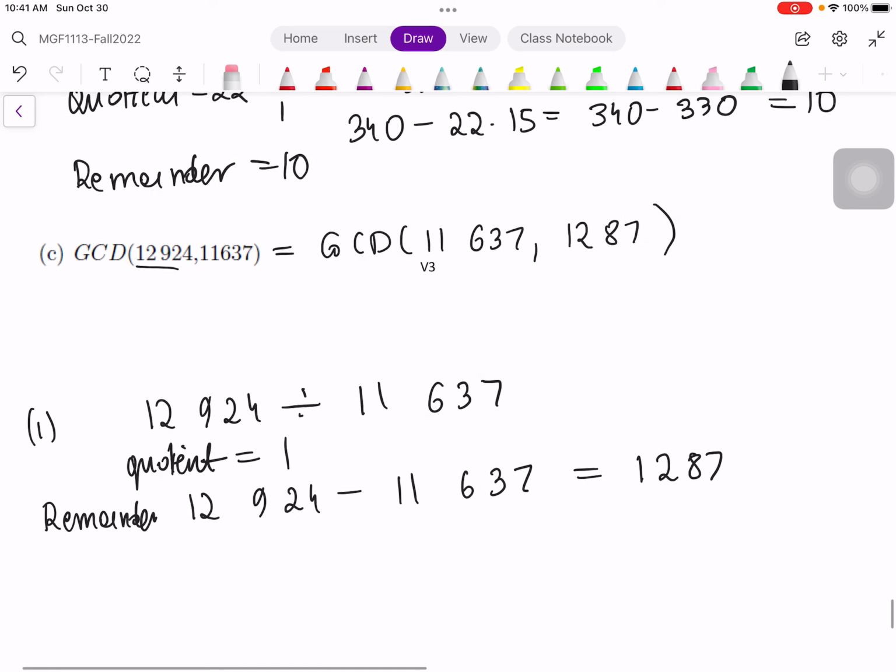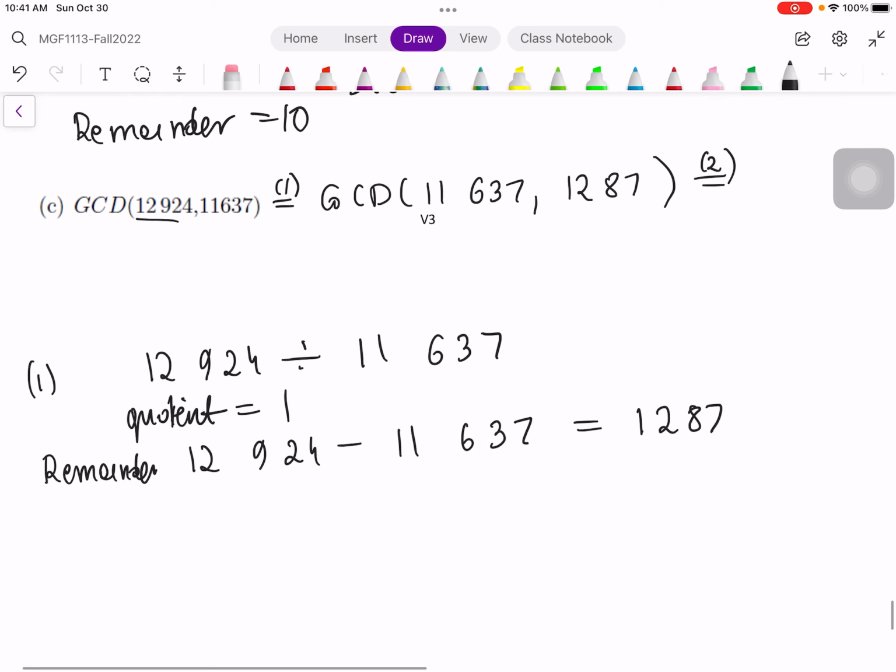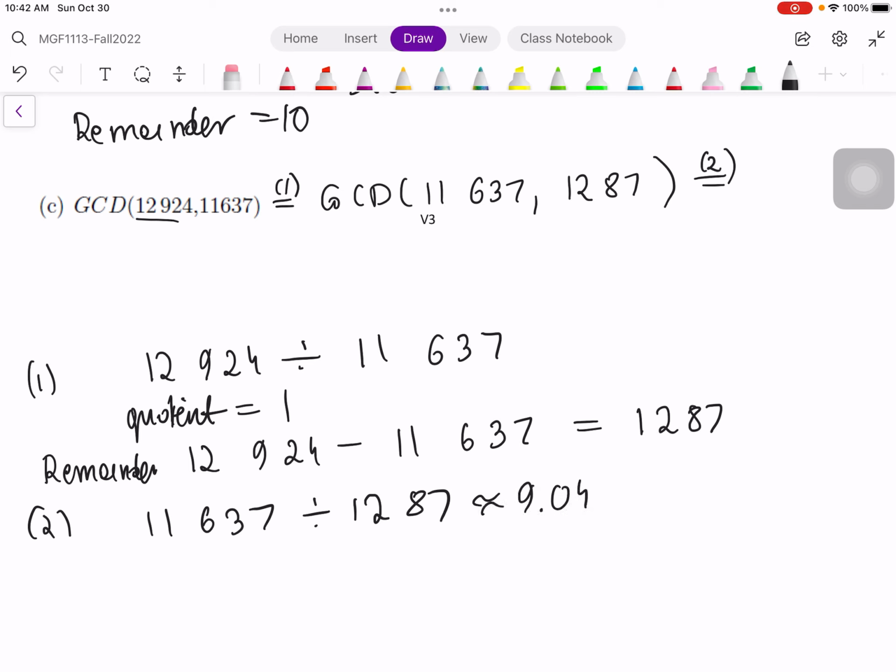So then you repeat the Euclidean algorithm. Now you need to do the division of 11,637 by 1,287. You can do it on the calculator, just see what that gives you, to see what the quotient is. I got about 9.04, so I know that the quotient is 9.